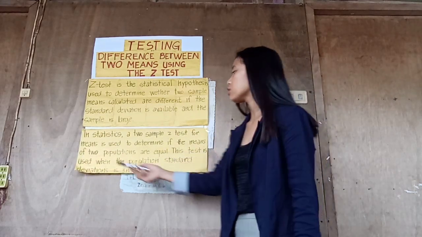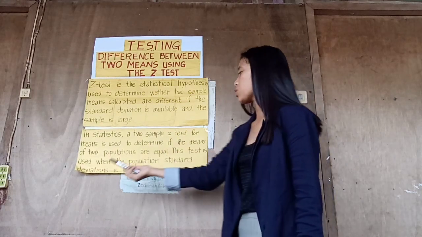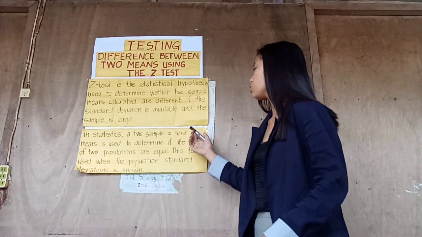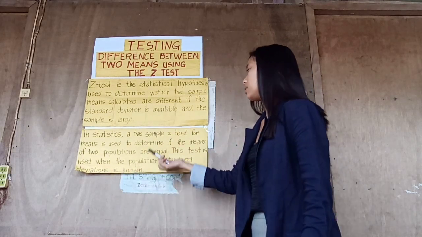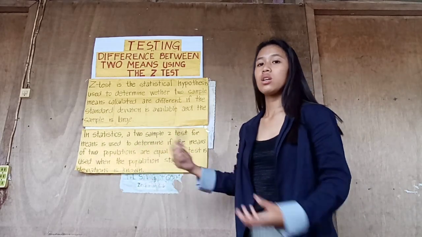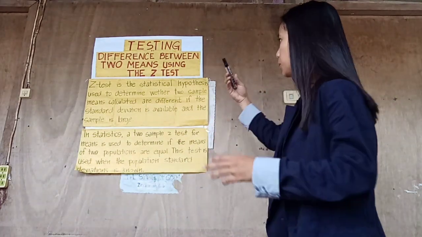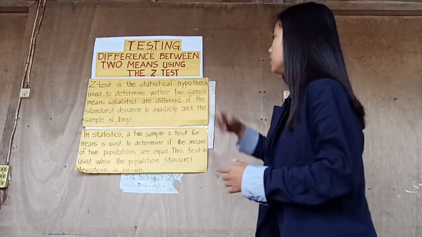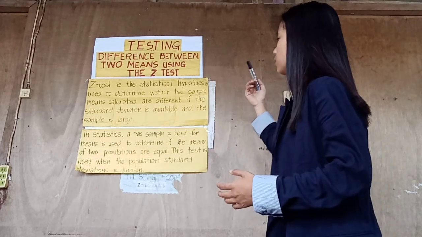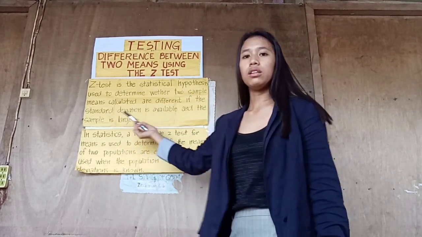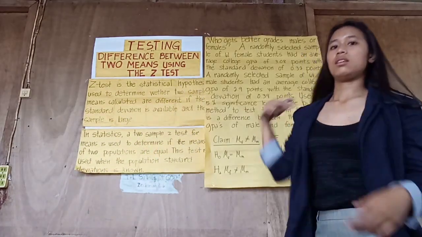This test is used when the population standard deviation is known. So the two-sample z-test is used when the standard deviation is known, which we'll be doing later. And also, it's stated there, the standard deviation is available and the sample is large.